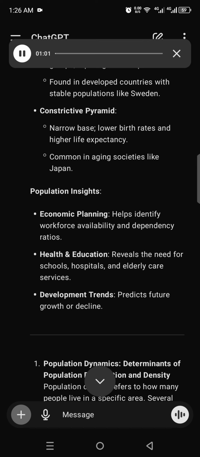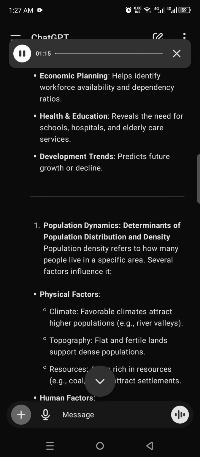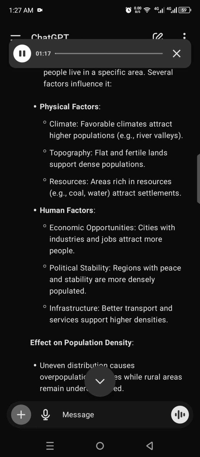17. Population dynamics, determinants of population distribution and density. Population density refers to how many people live in a specific area. Several factors influence it. Physical factors. Climate. Favorable climates attract higher populations, e.g., river valleys. Topography. Flat and fertile lands support dense populations. Resources. Areas rich in resources, e.g., coal, water, attract settlements. Human factors.